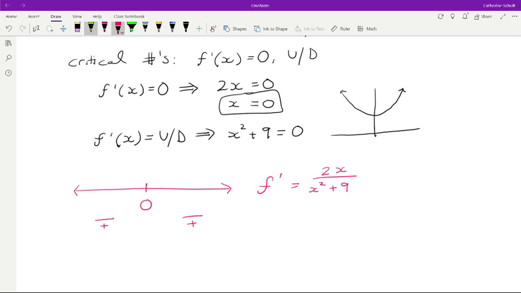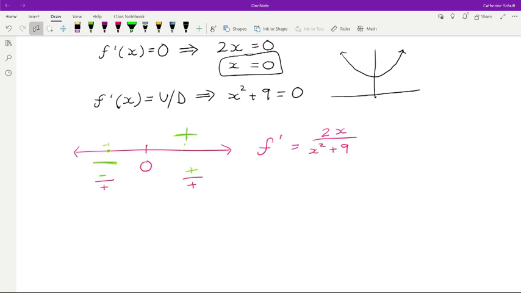So let's do our test points. If we're over here at -1, to the left of 0, 2 times -1 is negative, so the whole function's negative. And then to the right, let's do another test point like 1. 2 times 1 is positive, and the denominator is positive. So our derivative is positive from 0 to infinity.